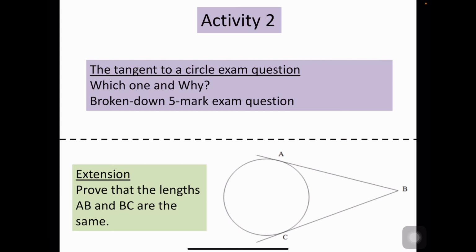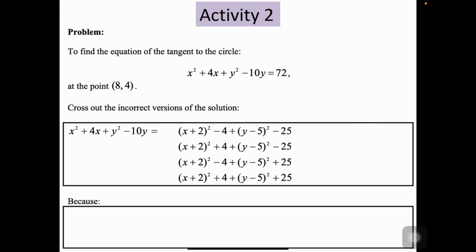If you're finding it too easy, I'd like you to complete this extension question instead. As I said earlier, you might be able to answer it on the spot right now, and if that's the case, then that's great. You could do this question quickly and then do the extension question. If not, just follow it step by step and watch me answer this question.